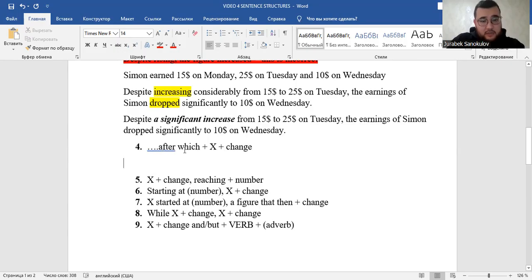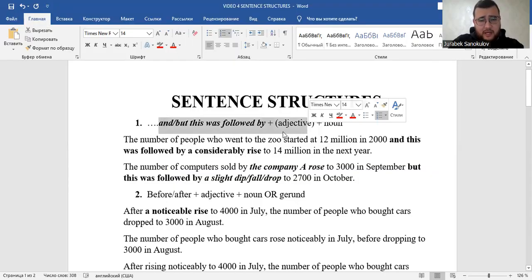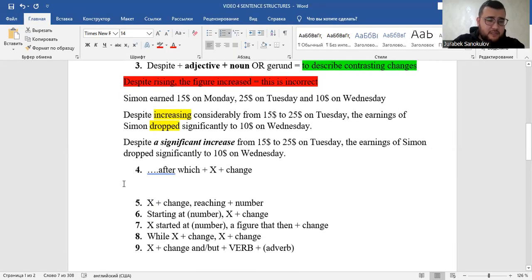Using after which plus another change. So again, just like followed by, you can use the same structure anywhere. You can use it at the beginning of your paragraphs to start the paragraph, or you can use it in the middle. So look at this. Let's use uncountable nouns as well.